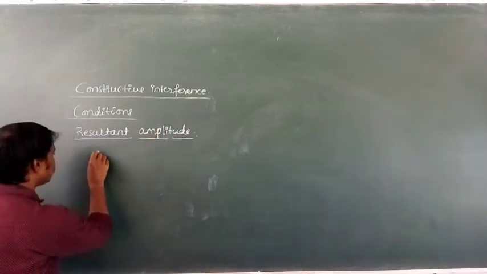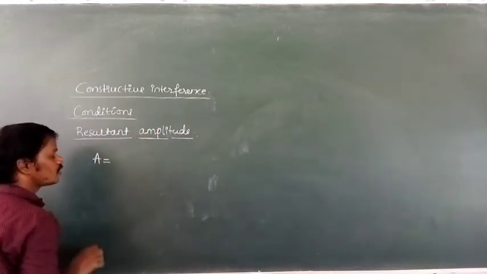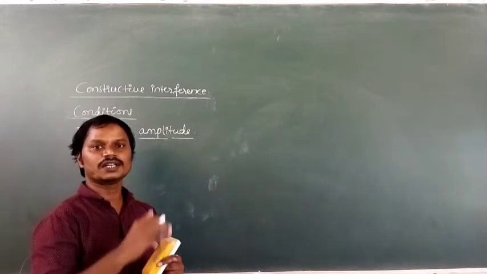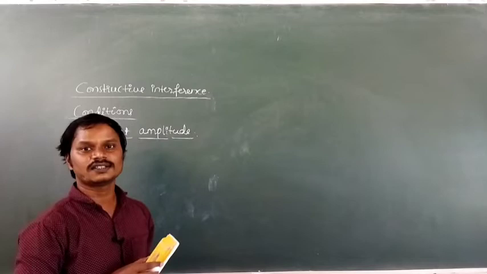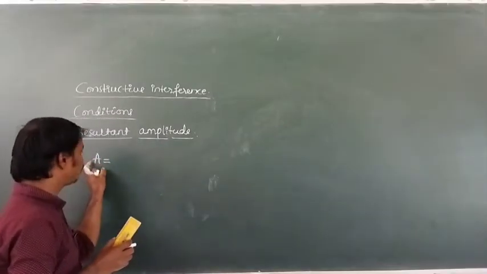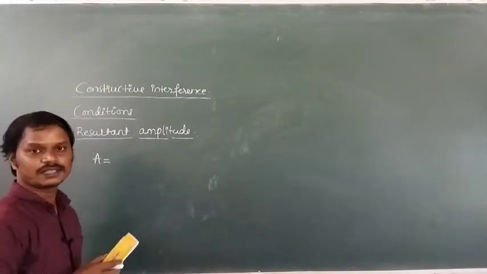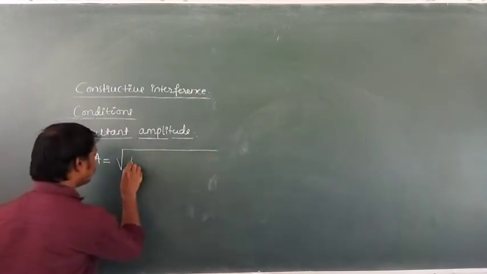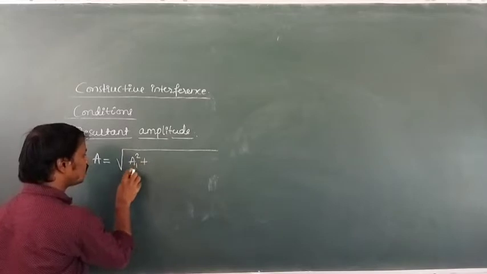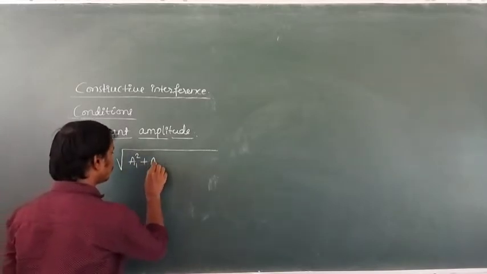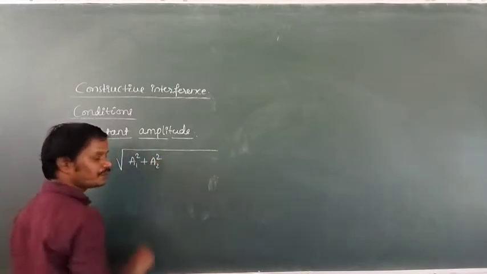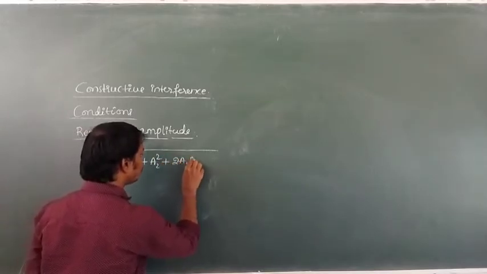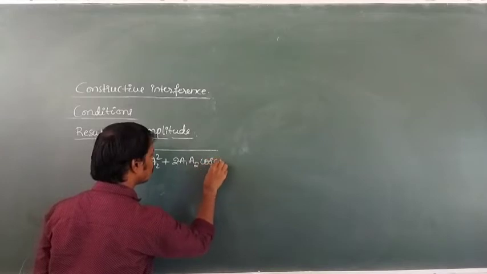A is nothing but the resultant amplitude of the resultant wave. When two waves overlap on each other, we get the resultant wave. The resultant amplitude of the resultant wave can be represented by A, then A is equal to square root of A1 square, where A1 is the amplitude of the first wave, plus A2 square, where A2 is the amplitude of the second wave, plus 2 A1 into A2 cos phi.